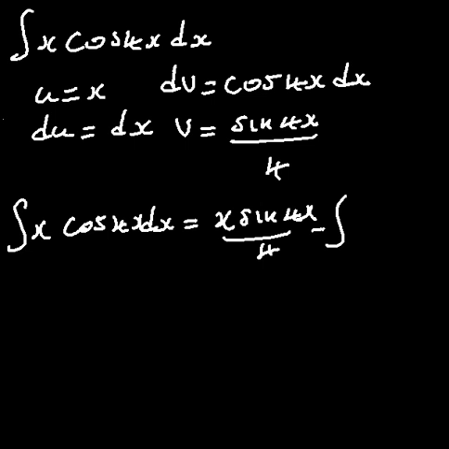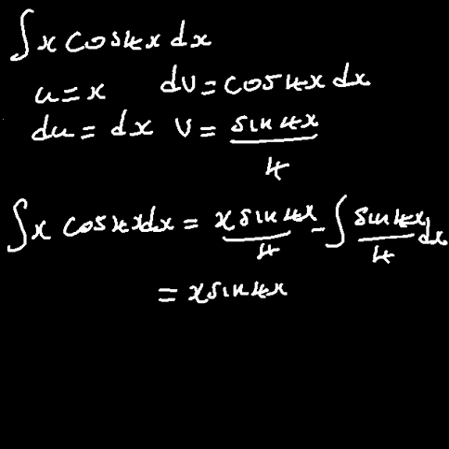So v du is sin 4x divided by 4 dx. That will be x sin 4x divided by 4 minus 1 over 4, we just take this out, times the integral of sin 4x dx.